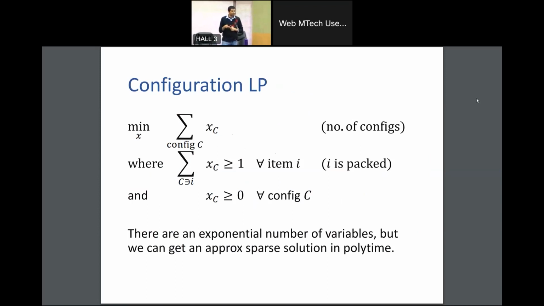Notice that the total number of configurations can actually be exponential. So this linear program has an exponential number of variables, but it's still possible to get an approximate sparse solution to this linear program in polynomial time.